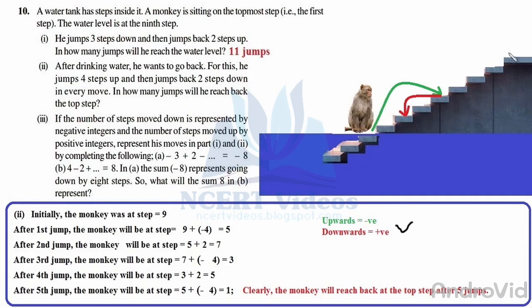When he jumps upwards, he'll be at the first step. You don't even have to jump back because he already reached this position after the 4-step jump. So clearly the monkey will reach back at the top after 5 jumps. So that was the required answer.